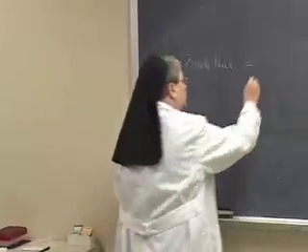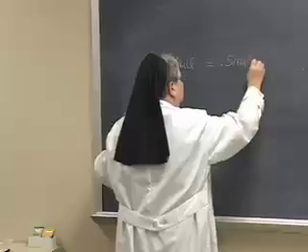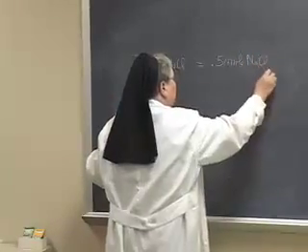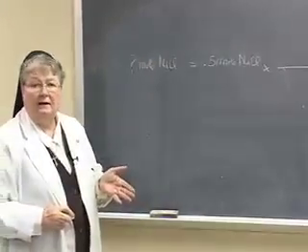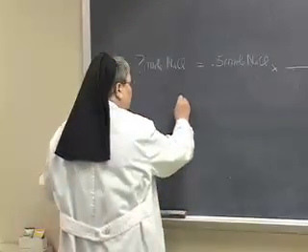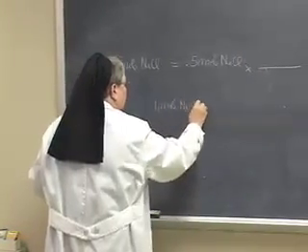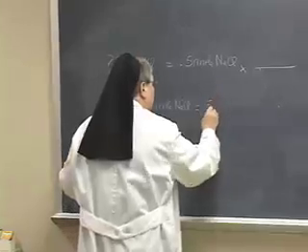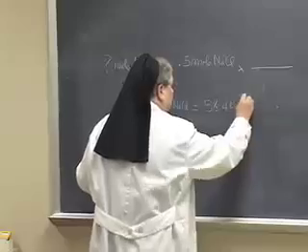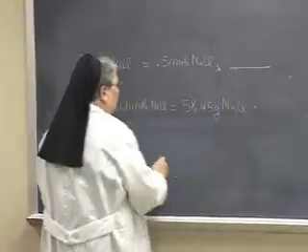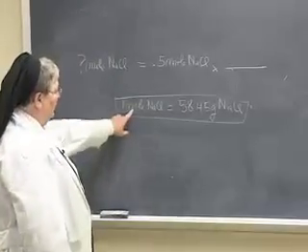So I'm going to say that this is what I have, 0.5 mole of sodium chloride. And then I have to multiply by a conversion factor made out of an equality. And we already have this equality, 1 mole of sodium chloride equal to 58.45 grams of sodium chloride. So that is our equality. From the equality, we're able to make our conversion factor.